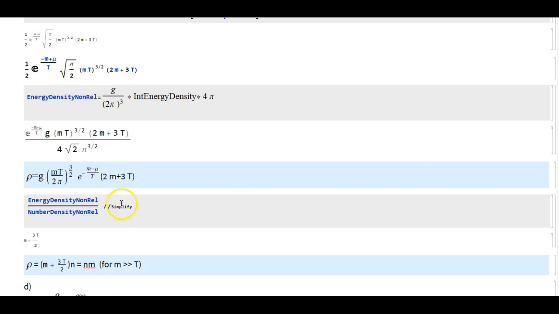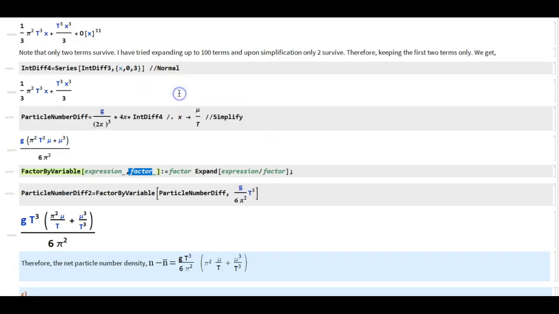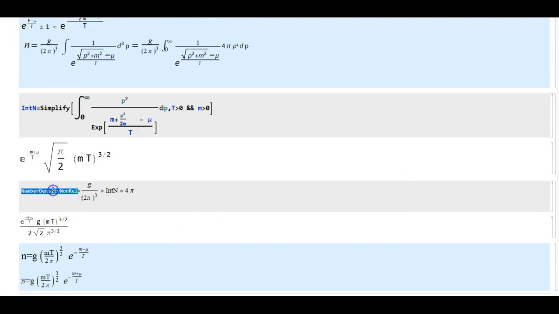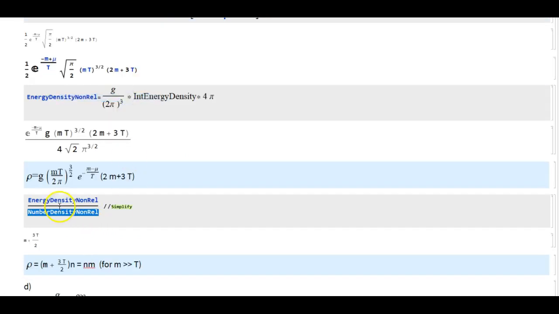energy density acquires this expression, and when I divide the energy density non-relativistic by the number density non-relativistic, which is a variable that was calculated in my last video, I get m plus 3t by 2.